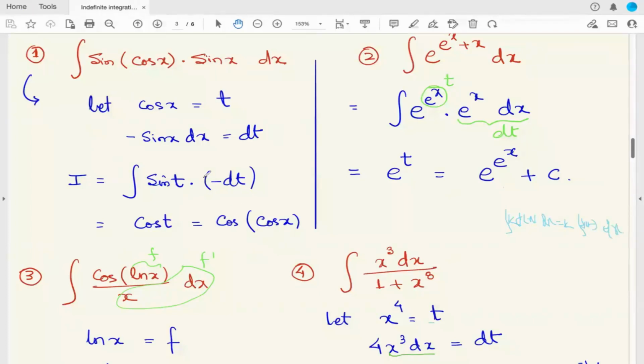So here this is our function of t, and this is our k. So we will take it outside the integrand, and the integration of sine t is minus cos t.